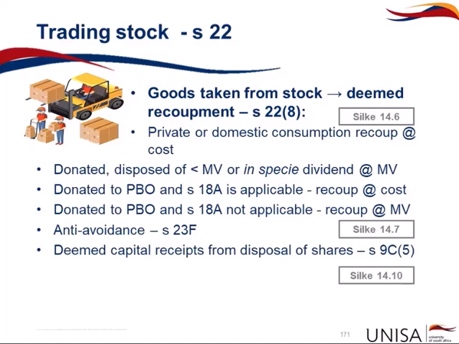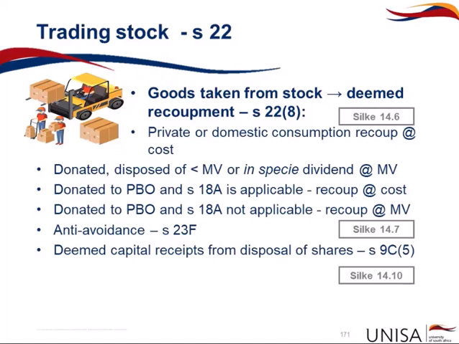Now the next one seems similar in that if we donate to a public benefit organization and Section 18A is applicable. So in other words, we got a Section 18A receipt, so we can get a Section 18A deduction. Then we recoup at cost. So this is the only other time that we're looking at cost.